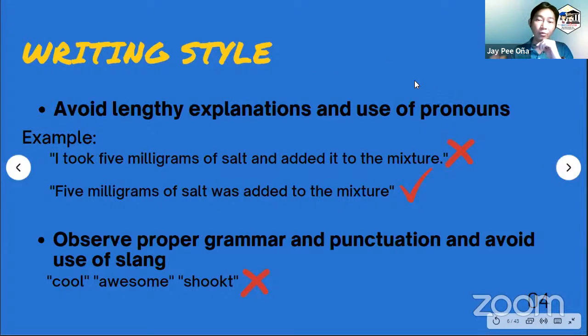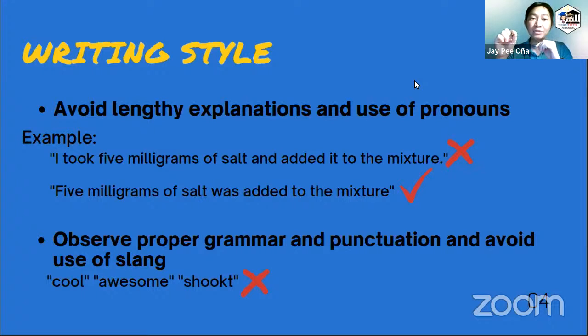So when you're writing in the technical style, we avoid lengthy explanations, and also omit the use of pronouns like I, we, or us. So for example, instead of saying "I took 5 milligrams of salt and added it to the mixture," let's take away the pronoun and make it a bit more concise.